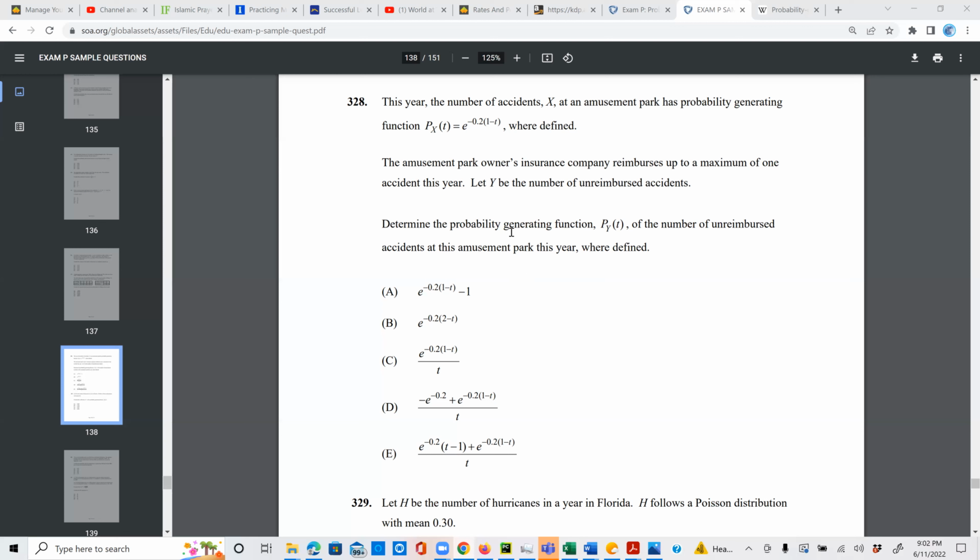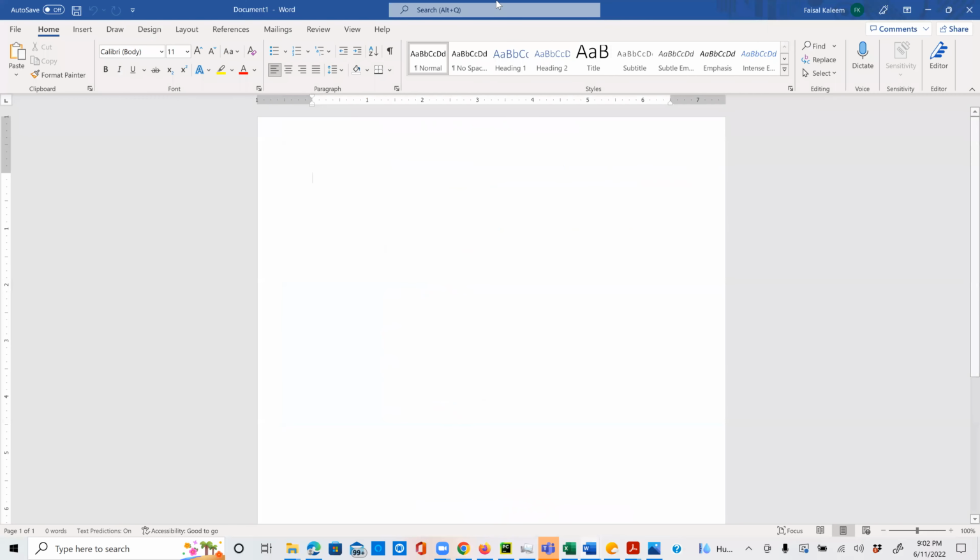Okay, so PGF is a shorthand that I will be using for probability generating function. This is the first problem in which we are encountering probability generating functions, so let's briefly talk about what it is.